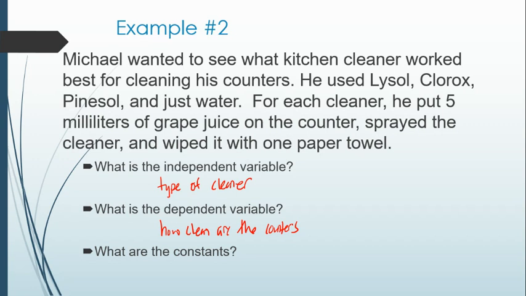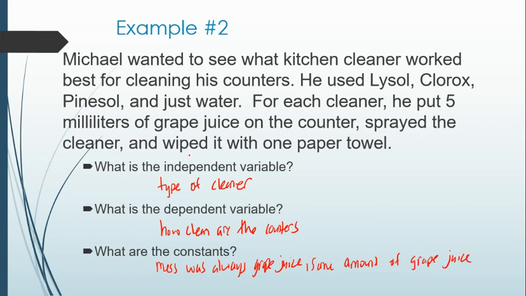In this experiment, everything else should be kept the same. So for example, notice that the mess was always grape juice. Also notice that it was the same amount of grape juice.